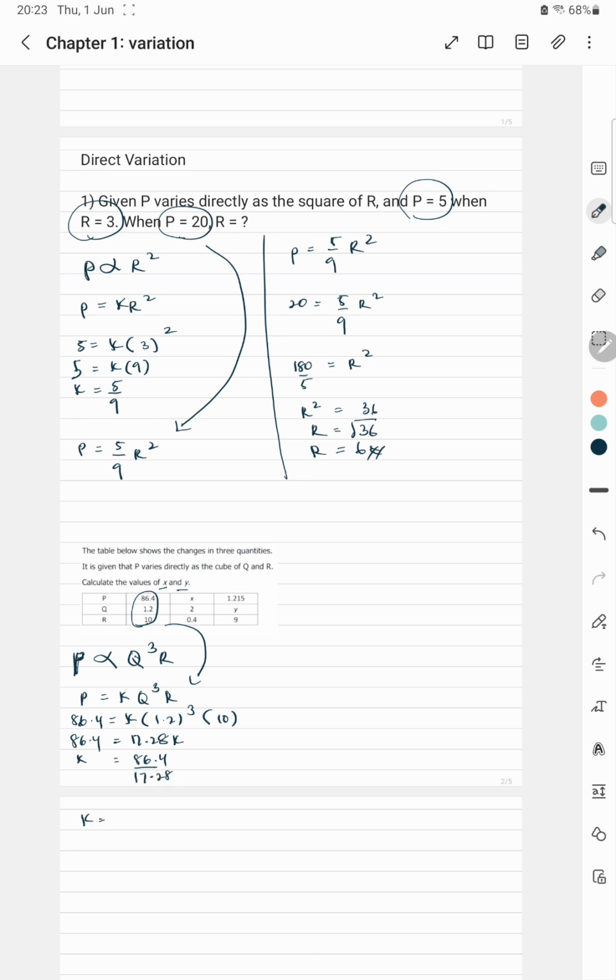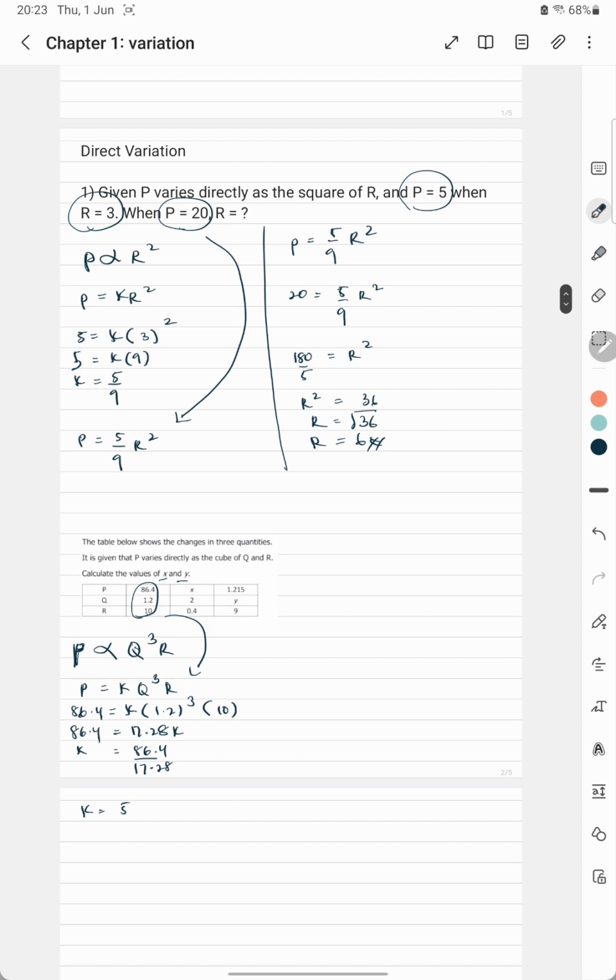So our k is 86.4 divided by 17.28, which is 5. Then write it in the proper form: p equals 5 times q cubed times r.